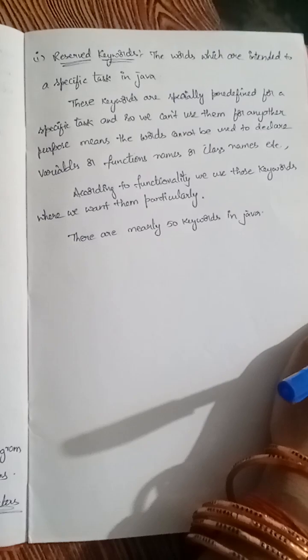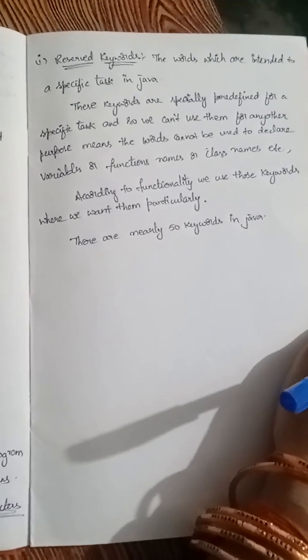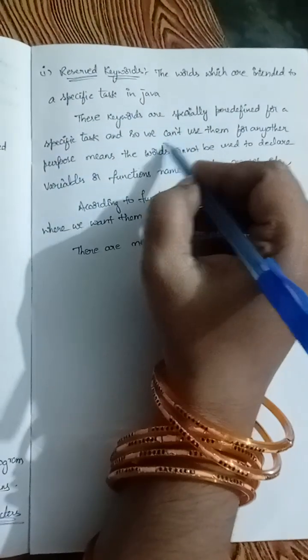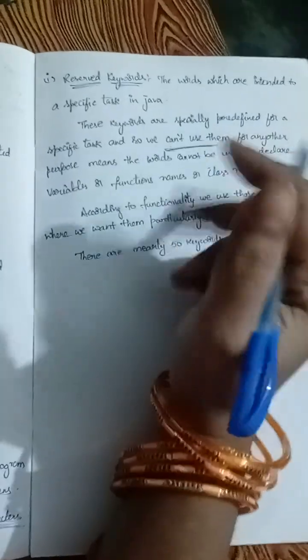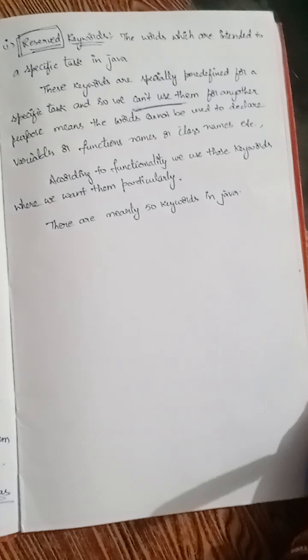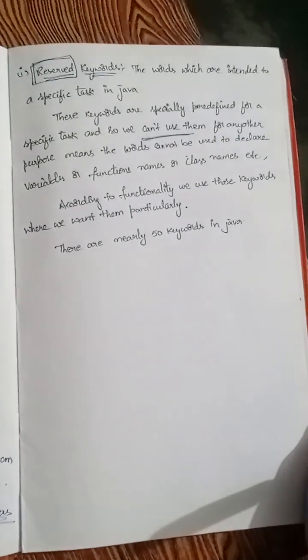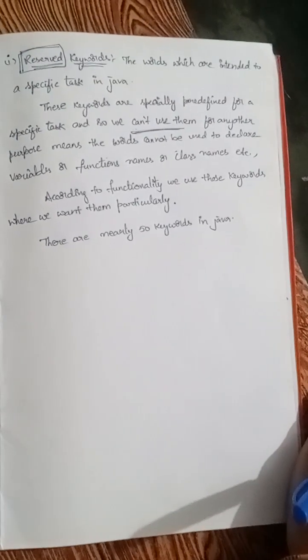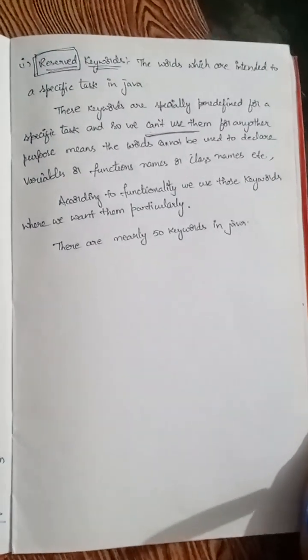As they can't be used wherever you want, that's why they are called reserved. For example, in any traveling sequence, you will reserve your seats in trains or buses. In that particular seat, only you can sit, no others can sit.